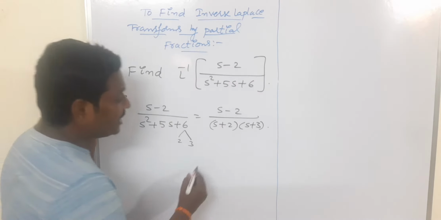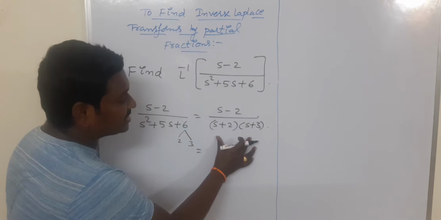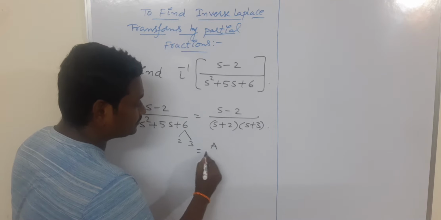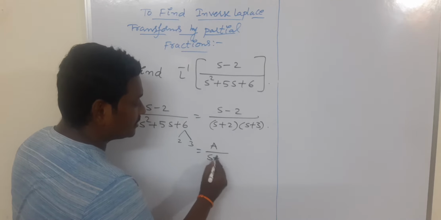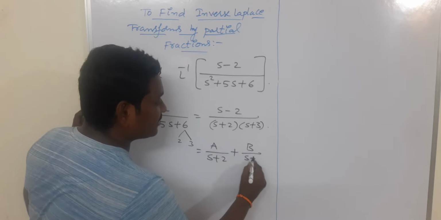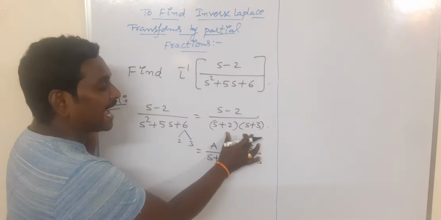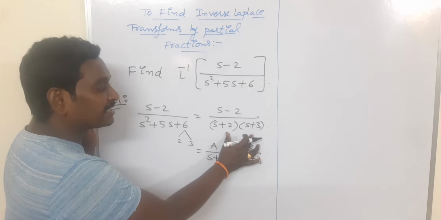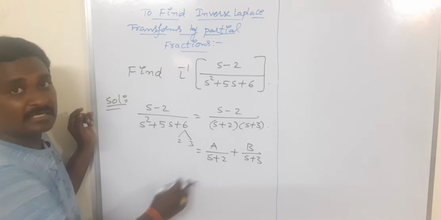Now how can we find the partial fractions? A by the first factor (s plus 2) plus B by (s plus 3). Whenever the denominator has two different linear factors, in this way we can take the partial fractions.